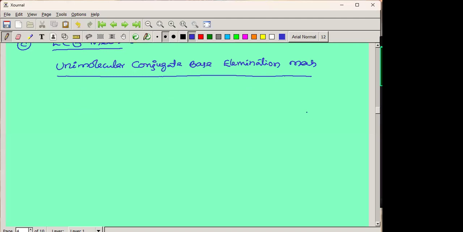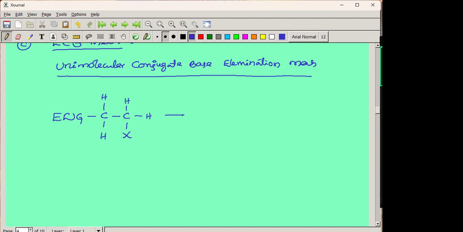So in case of E1CB mechanism, here I'm going to take an electron withdrawing group, which is present at a beta carbon atom. So this is a hydrogen. This is a group that will be eliminated, and here it is a hydrogen, here it is a hydrogen.